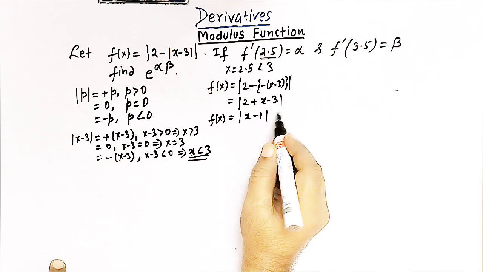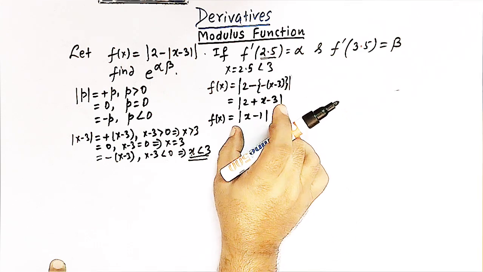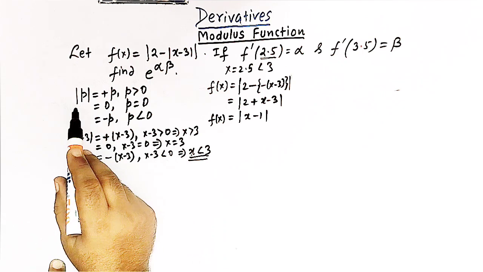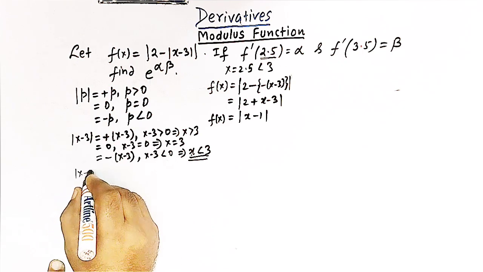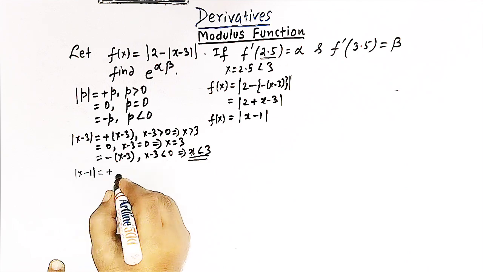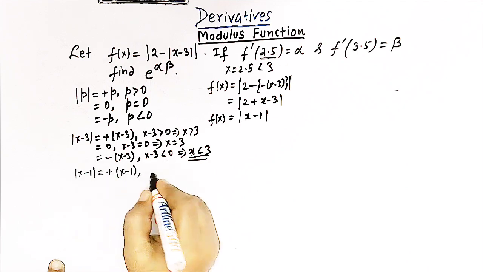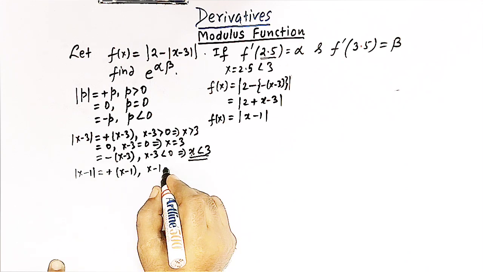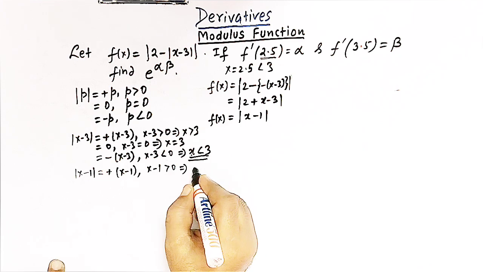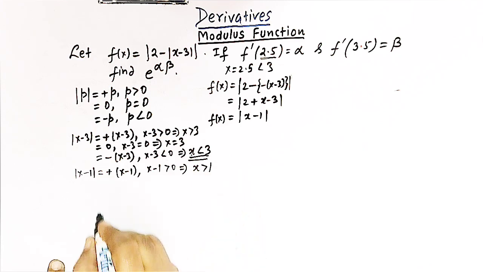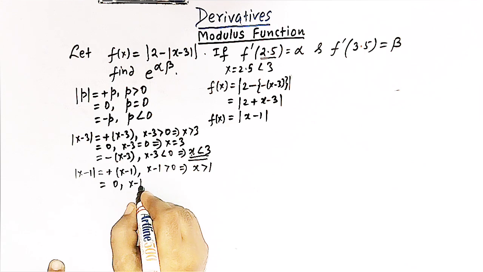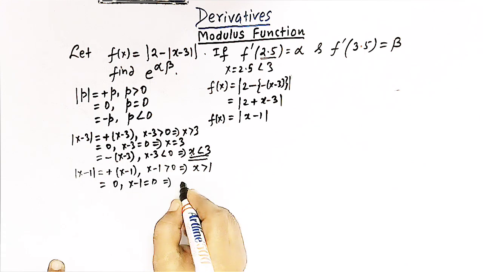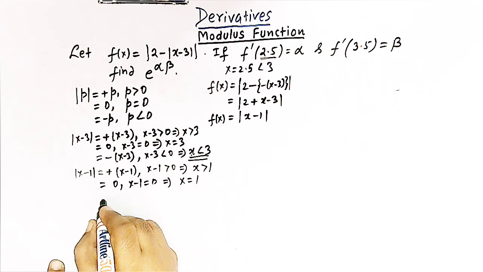Okay, now let us again define mod of x minus 1 with the help of this definition. So here we can write mod of x minus 1 is equal to positive x minus 1 whenever x minus 1 is greater than 0, that is x is greater than 1, and mod of x minus 1 is 0 when x minus 1 is equal to 0, which implies x is equal to 1.